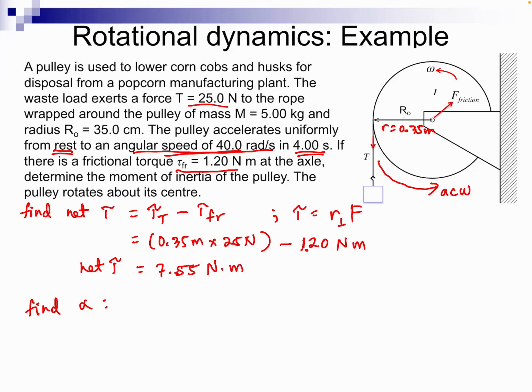So the only way to find angular acceleration in this case is to use the kinematic equations for rotation, isn't it? I haven't listed it down, but you can refer to the slides. We have there the relationship.